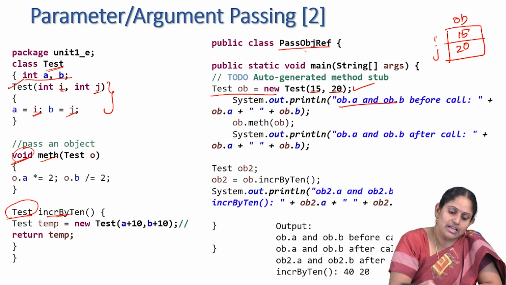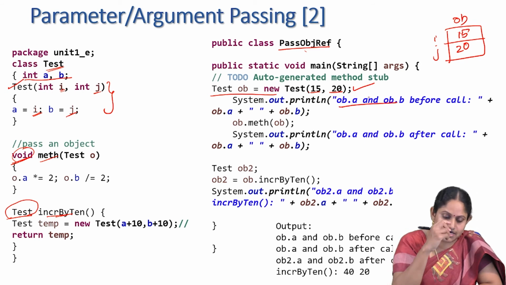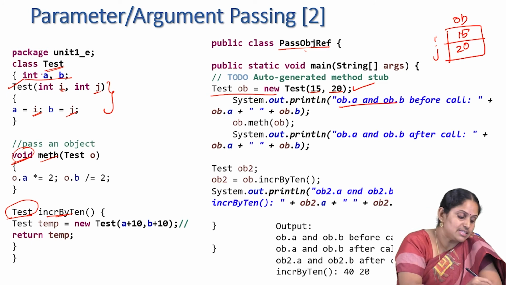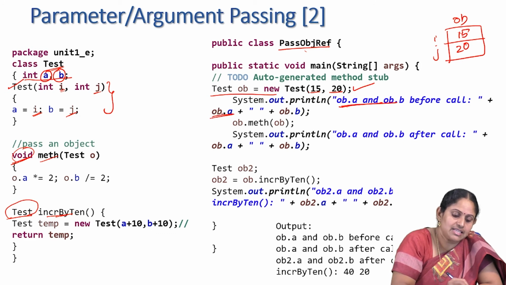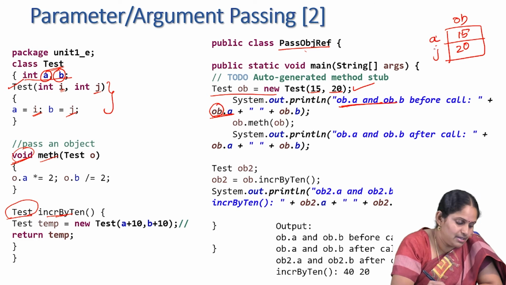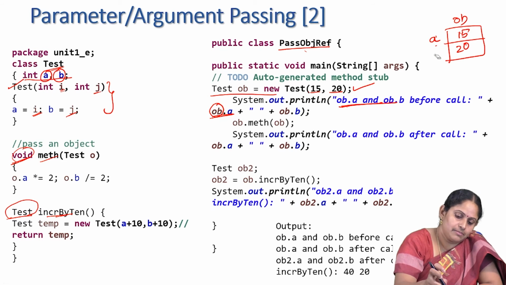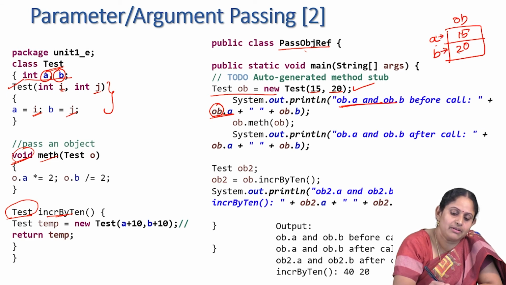Now we are printing those values. If we want to access the members of that particular class, we have to use the object name followed by that particular member. So we will print this statement, accessing that object's A and B. When this object is created, A will be set to 15 and B will be set to 20.